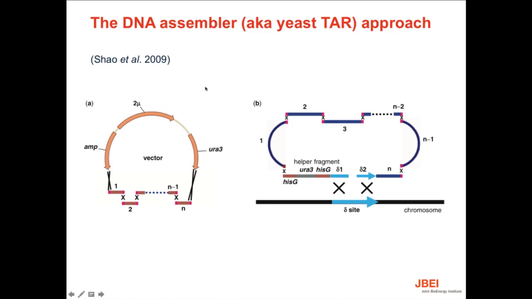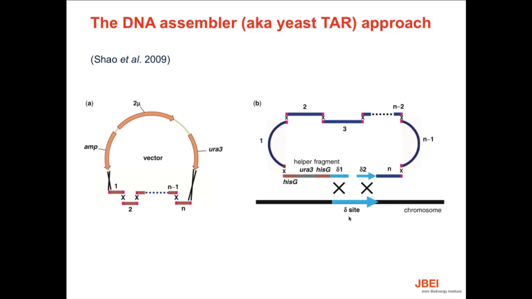Or you can also imagine having a DNA fragment that's assembling together, but doesn't completely make the full circle, but could then be crossing over, for example, with the genome. So you might be able to use this to integrate entire multi-fragment pieces of DNA into the genome.